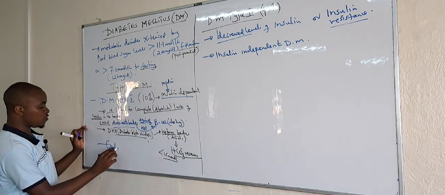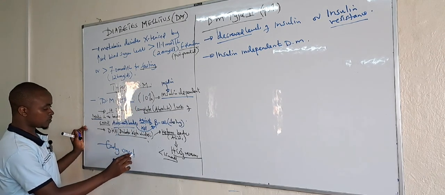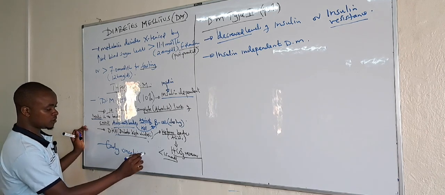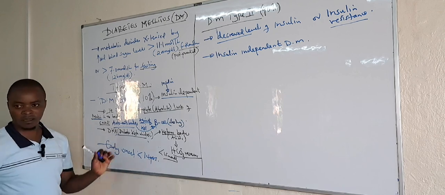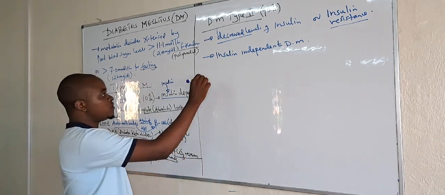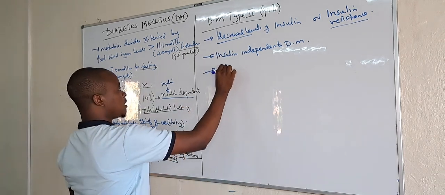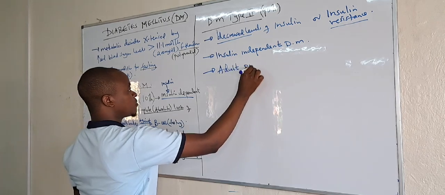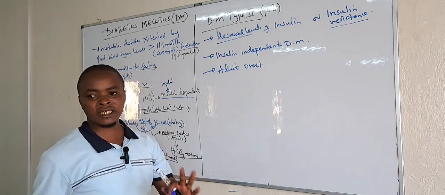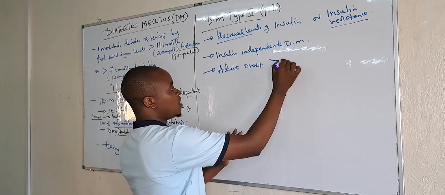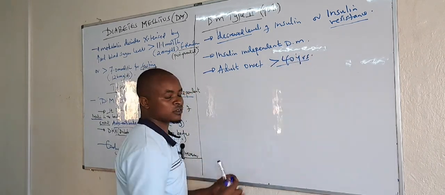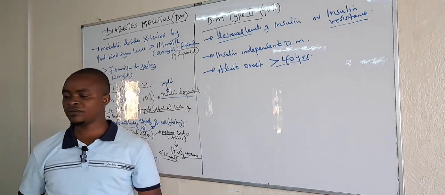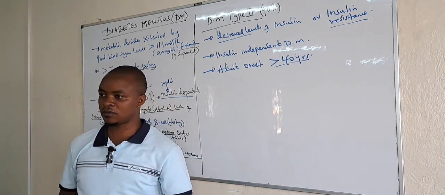Type 1 is early onset, below 14 years. It can even occur within 2 weeks after being born, but type 2 is adult onset. The major candidates are people greater than 40 years. When you are greater than 40 years, you are a good candidate for diabetes type 2.